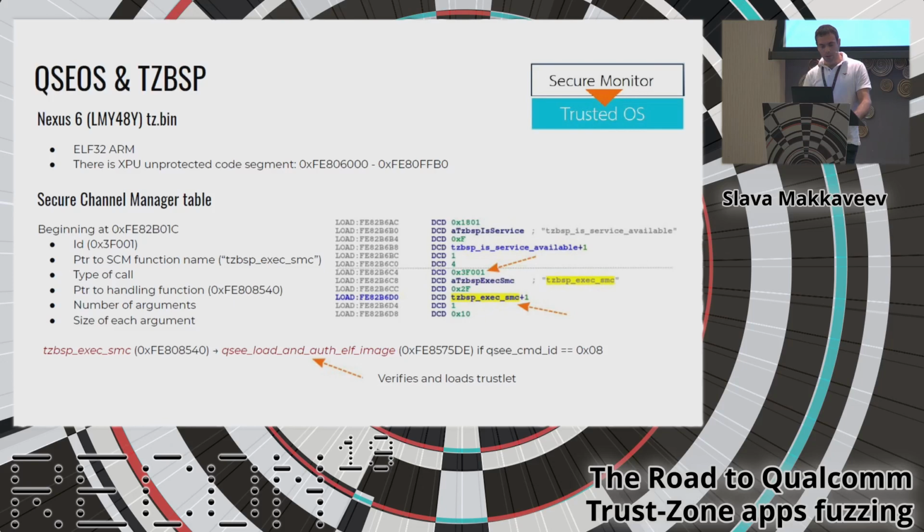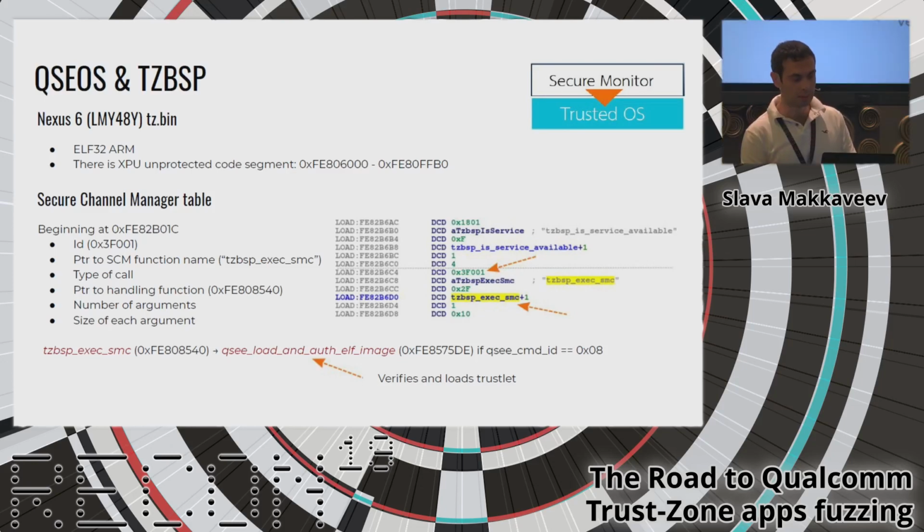So let's get back to our flow, and we are going to locate some handler in the Trusted OS which will process all SMC instructions. For this, I just need to search for the 3F001 dword in the data segment of the Trusted OS, and in this case I will find a specific entry in the so-called secure channel manager table.